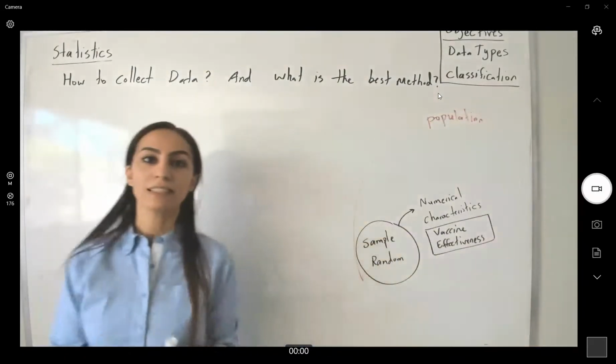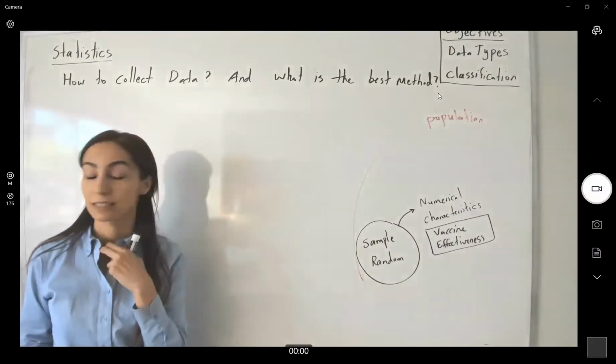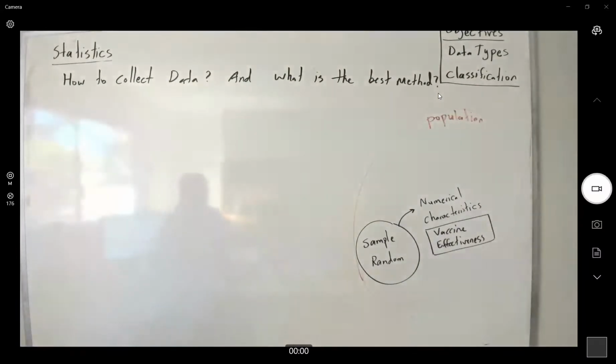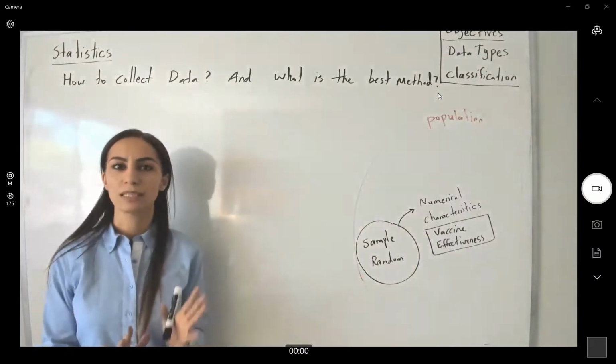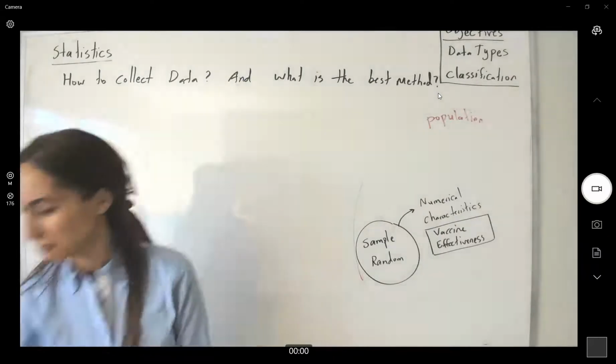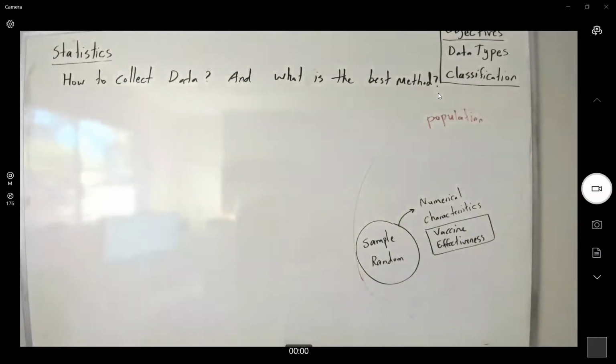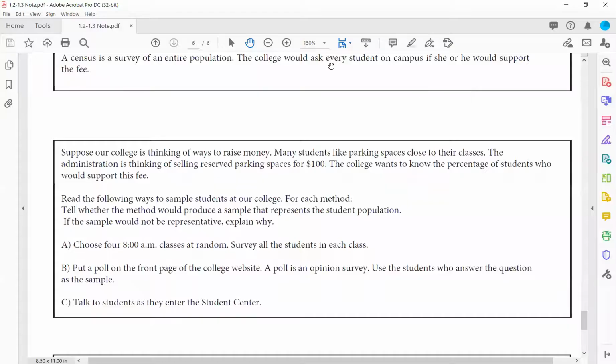So in statistics, we have different methods of collecting data. Let's go over one example to see what options we have. Suppose our college is thinking of ways to raise money. Many students like parking spaces close to their classes.